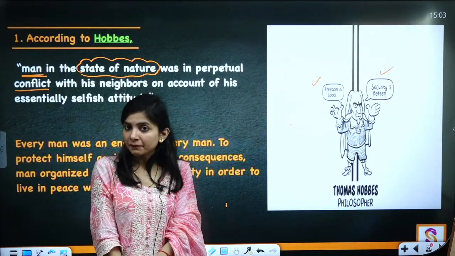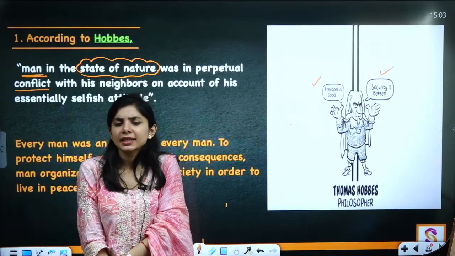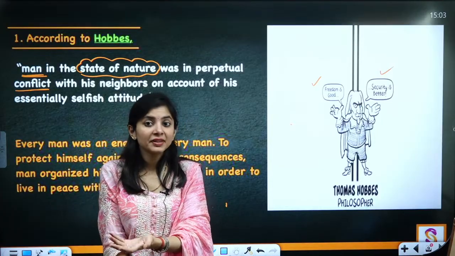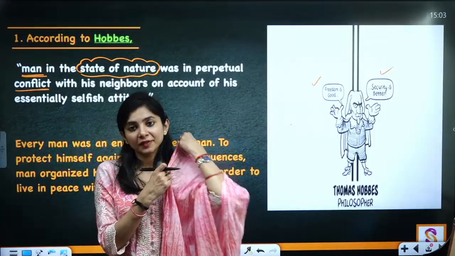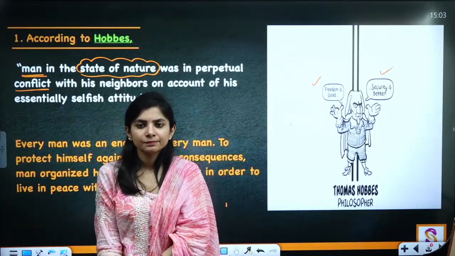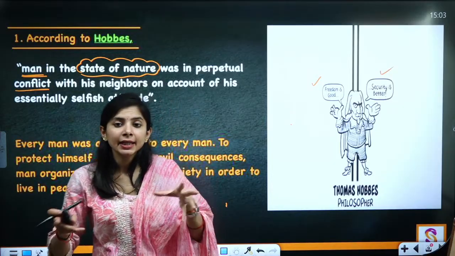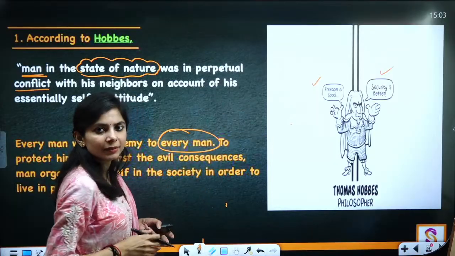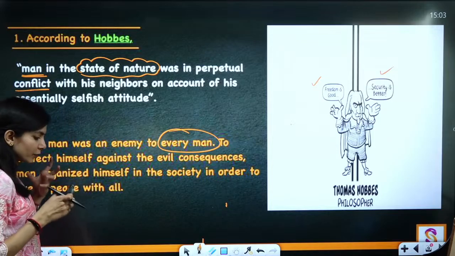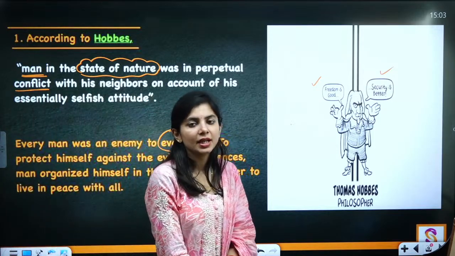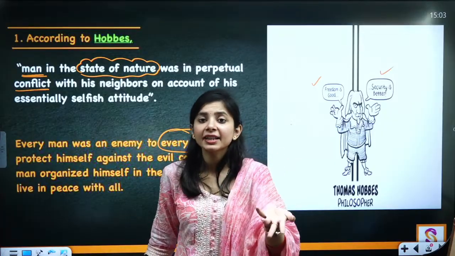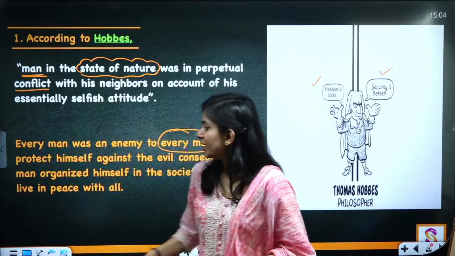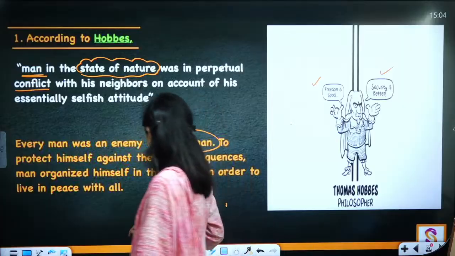As soon as they were free, they started behaving in an uncontrollable way, and because of that started facing some sort of tussle and fight with the other person. It means this type of behavior created some sort of enemies. So they considered the other person as their enemy. And because of this, they started feeling some negative consequences. And to protect themselves from these negative consequences, there was only one solution in their hand. It is to organize themselves.